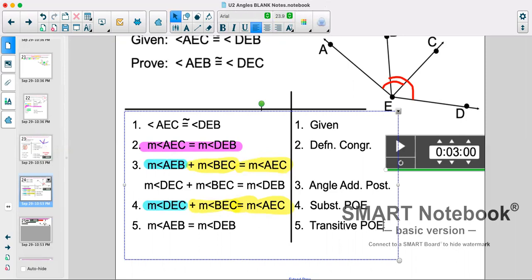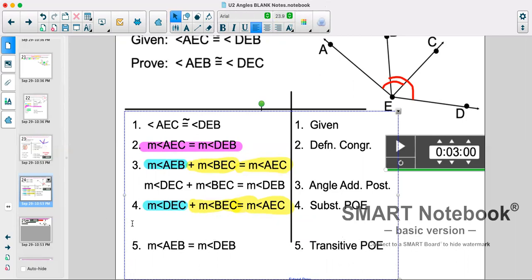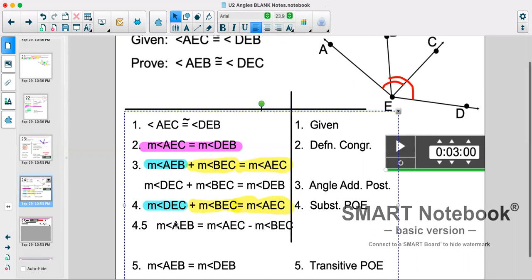Now, if that step bothers you, you don't have to go to that step. You can take it a little bit further. 4.5 is an optional step, but you could say, all right, I'm going to subtract BEC away. So I'm going to say the measure of angle AEB equals the measure of angle AEC minus the measure of angle BEC. And for step 4, the measure of angle DEC equals the measure of angle AEC minus BEC.